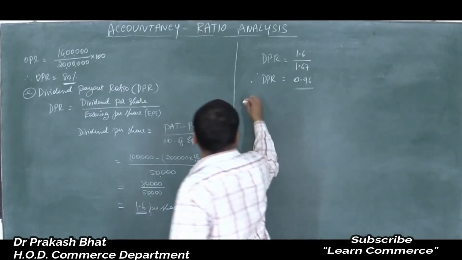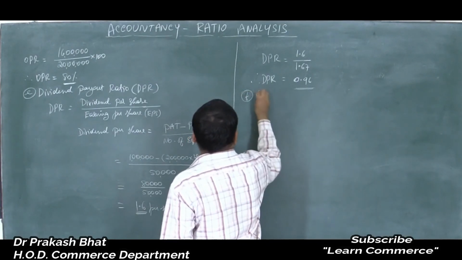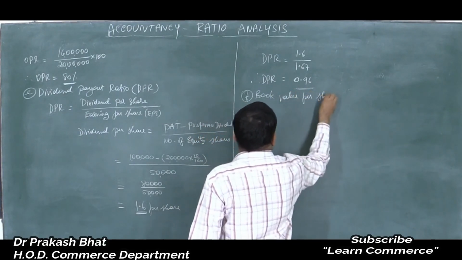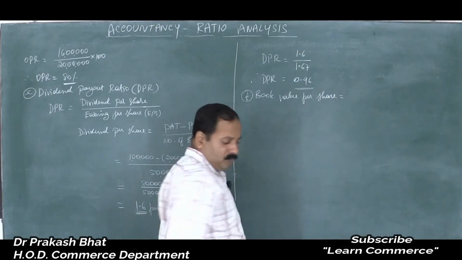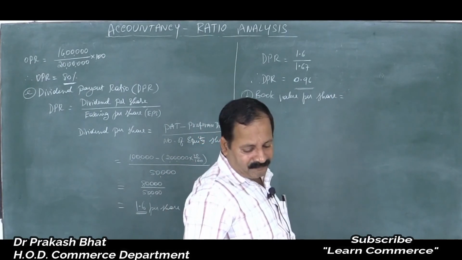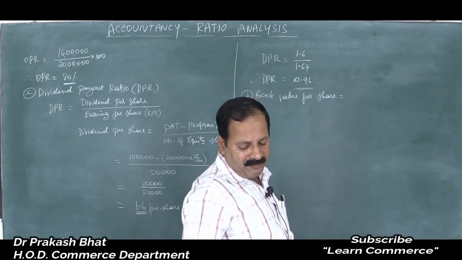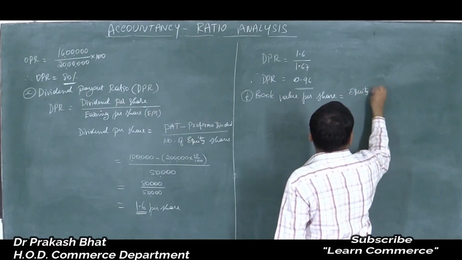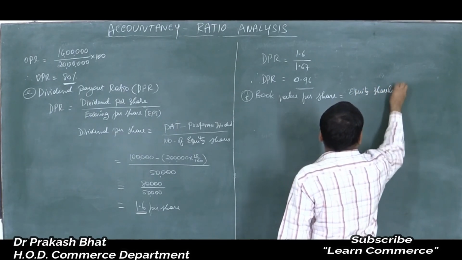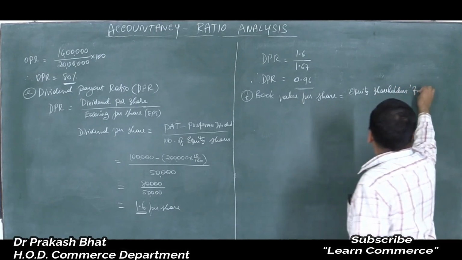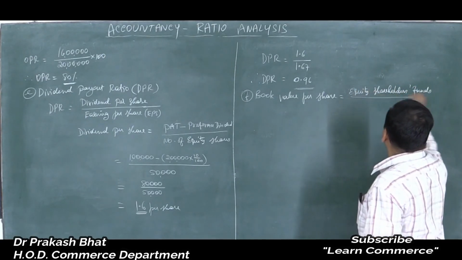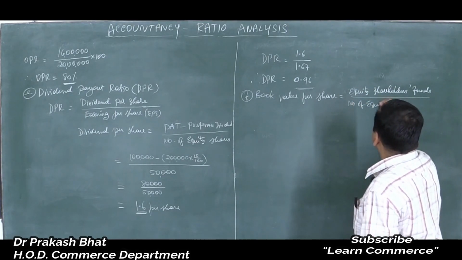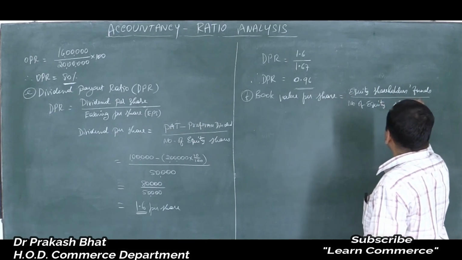Book value per share, point F. Book value per share is equal to equity shareholders funds divided by number of equity shares.